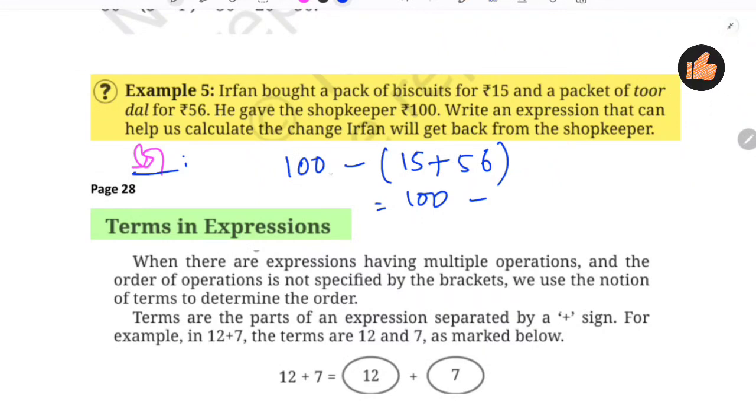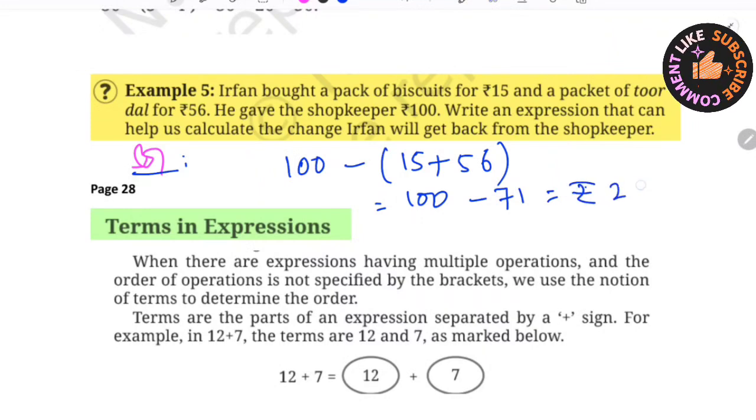So 100 minus the two things he purchased. One is for 15, another is for 56. So add 15 plus 56 and subtract this from the 100. So 100 minus, in the bracket, these two are the purchased ones, 15 plus 56. So that comes to how much? 15 plus 56 is 71. So rupees 29 he should get back as change from the shopkeeper.